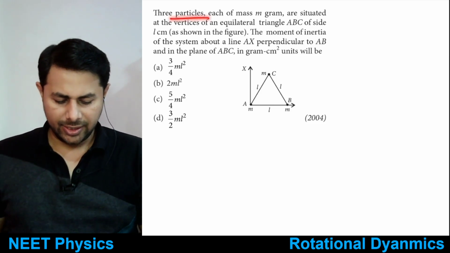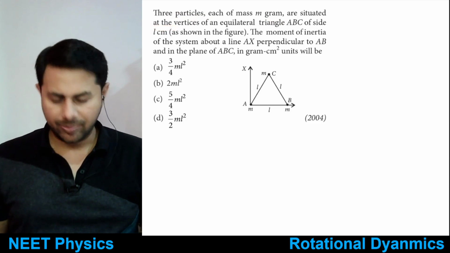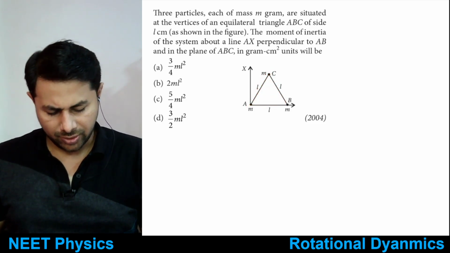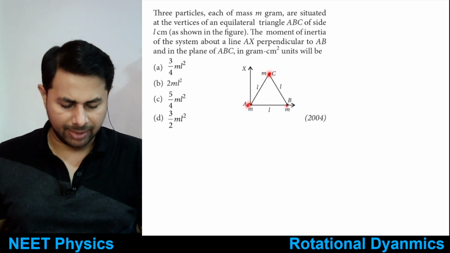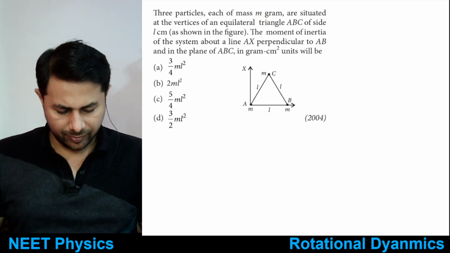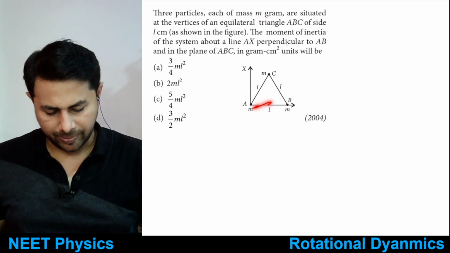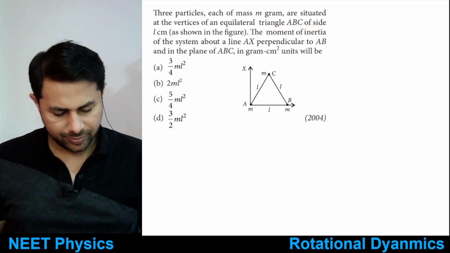Three particles each of mass m gram are situated at the vertices of an equilateral triangle ABC of side L centimeter, as shown in this diagram.